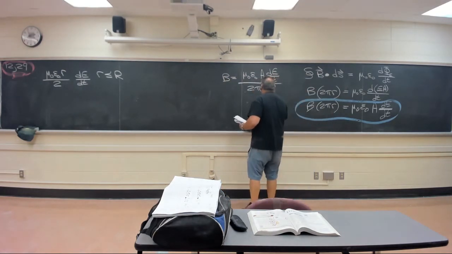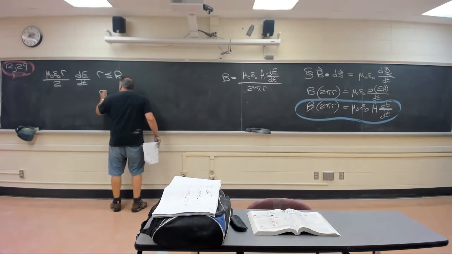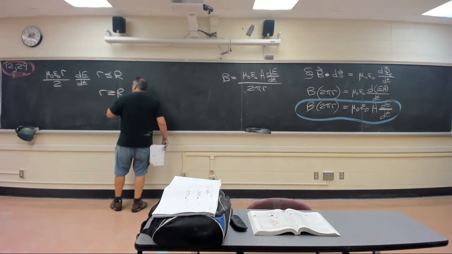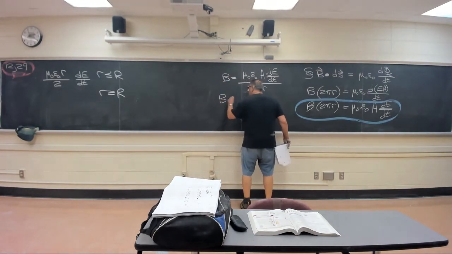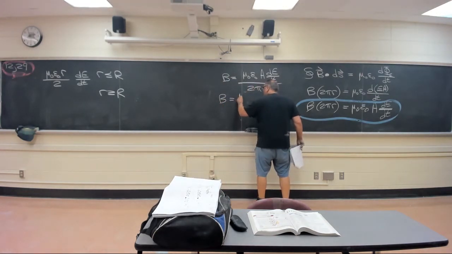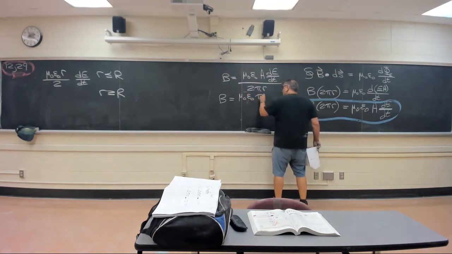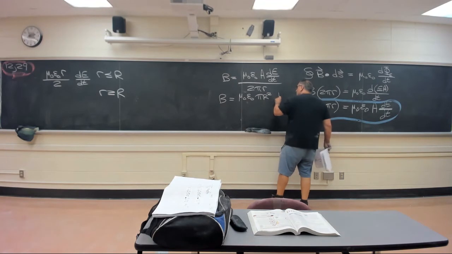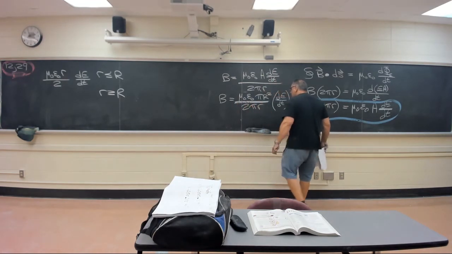So right here, for the other scenario, for R greater than or equal to capital R, you're going to get a situation over 2 pi small r.